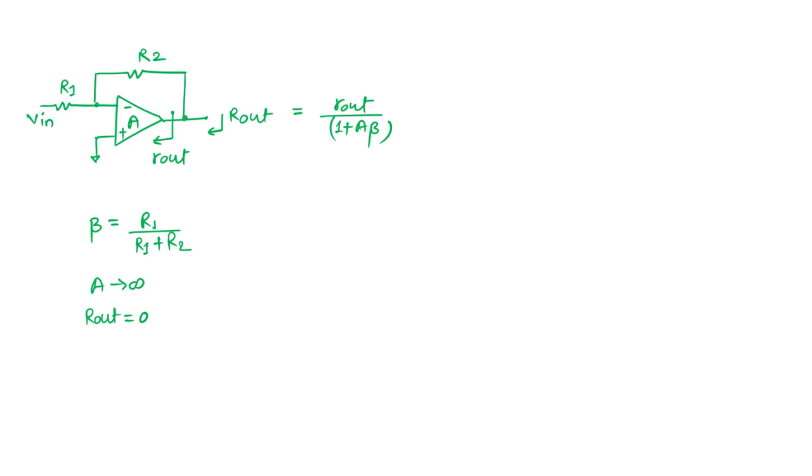And you can also find the expression for A beta and beta here. Beta is simply the feedback component. When considering a feedback amplifier, this is the voltage feedback by voltage output. So when we put the input to be 0, it comes as R1 by (R1 plus R2). Okay, this is the beta.